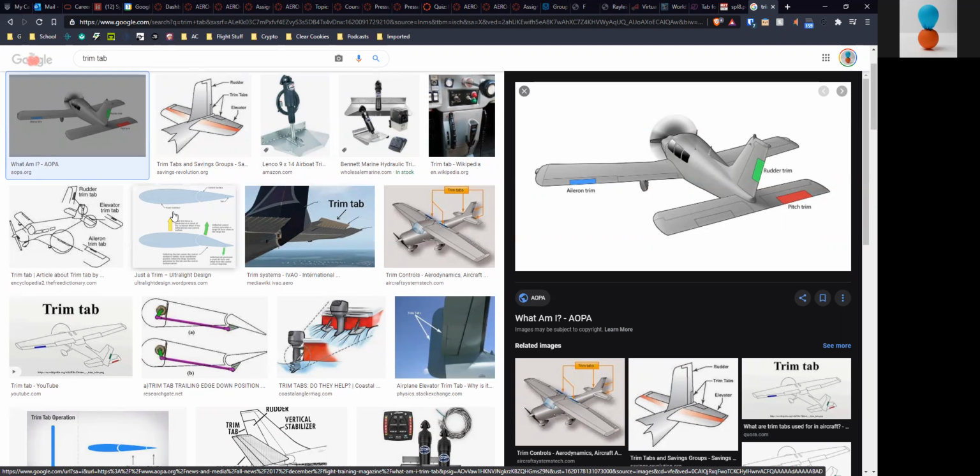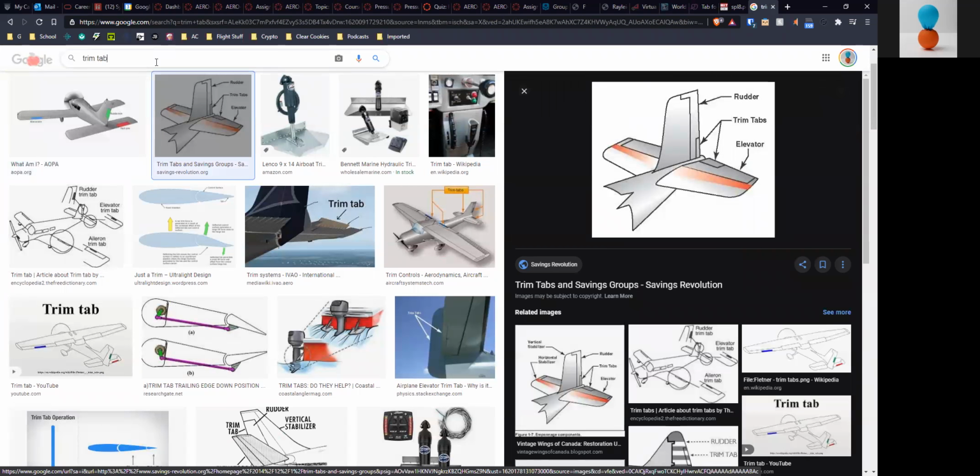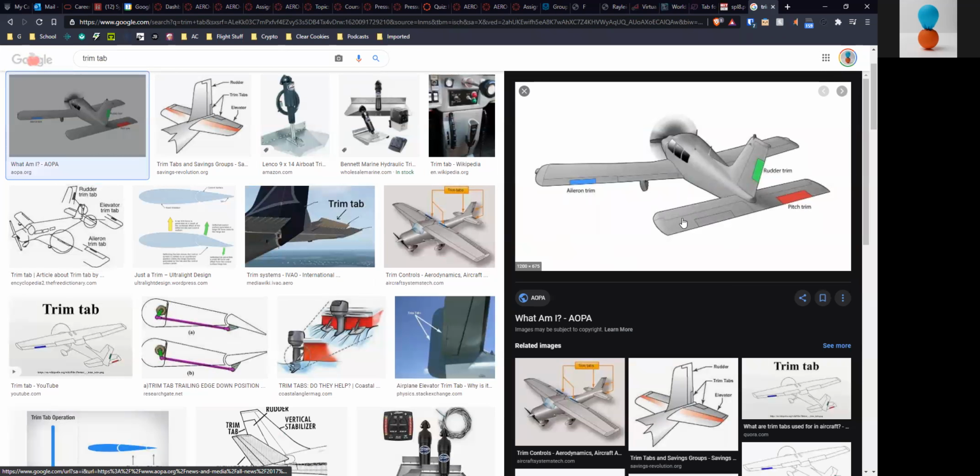But not all control surfaces use trim tabs, although I Googled that, so that's all we're going to see probably. But there are some systems that just add in the trim setting in addition to whatever the normal control setting is. So if your flight controls are set to neutral, then the elevator would be neutral.